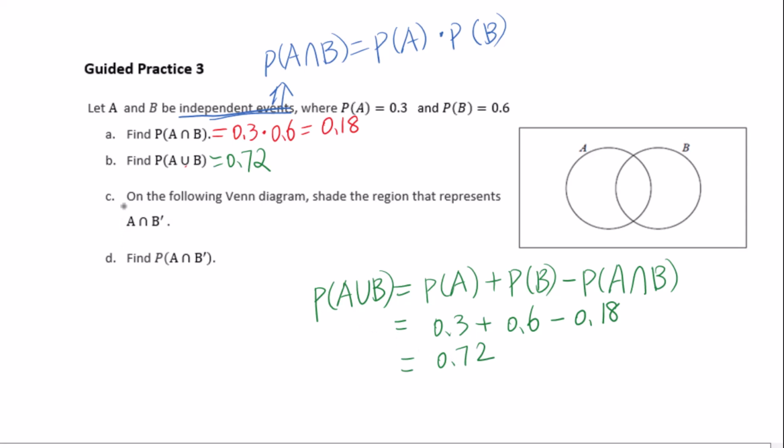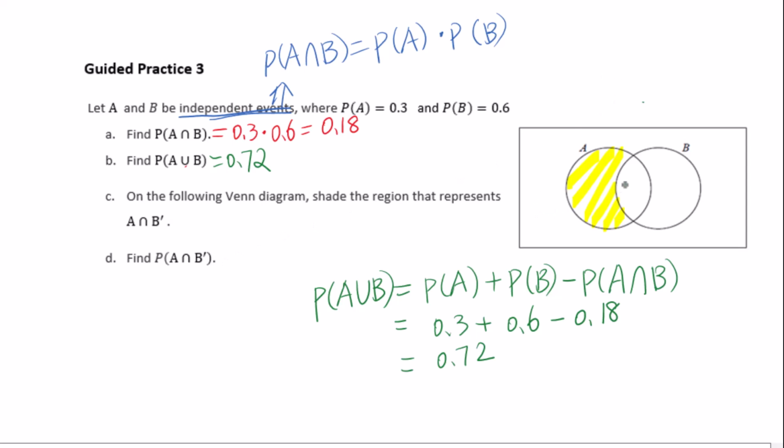0.72. For part (b), on the following Venn diagram, shade the region that represents A intersection B prime, in A but not in B. So it will be this part. Find the probability of A intersection B prime.